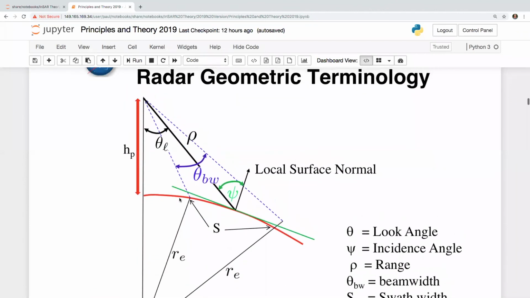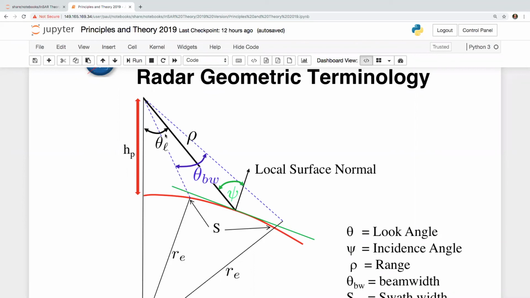So in terms of terminology, we have the height of the platform, HP here, it's HFC defined up above. So this is where the radar is above the curved Earth surface in this particular case. Again, in my simulation, we're assuming a flat Earth, but in reality, the Earth is a curved surface. The range from the spacecraft to some point on the surface is defined as rho, which is the range. That's the distance between these 2 points.